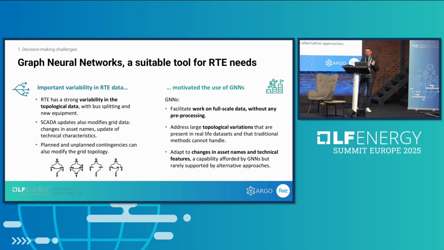That means that right now we have graph neural network architectures that are running on the full-scale RTE system and that work without any preprocessing. We just have to import a file using PyPowSybl to extract all the relevant tables and then push it to our graph neural network.